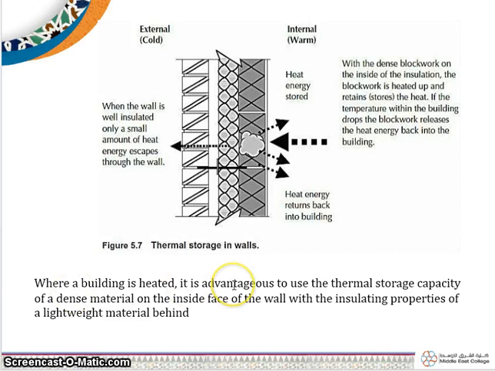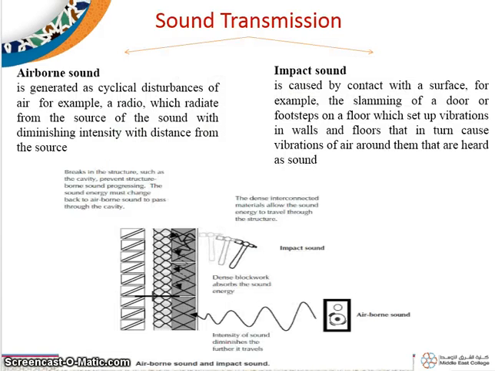Where a building is heated, it is advantageous to use the thermal storage capacity of a dense material on the inside face of the wall with the insulating properties of a lightweight material behind. This is thermal storage in walls.